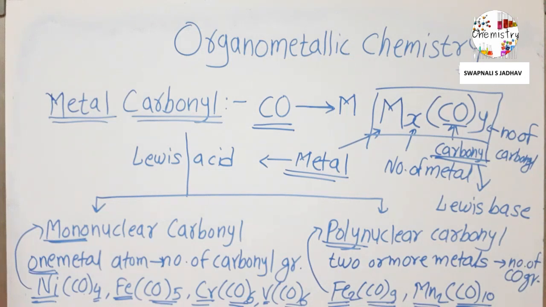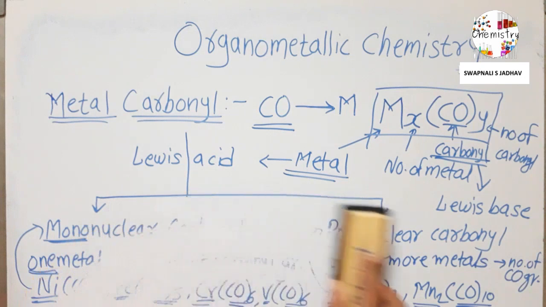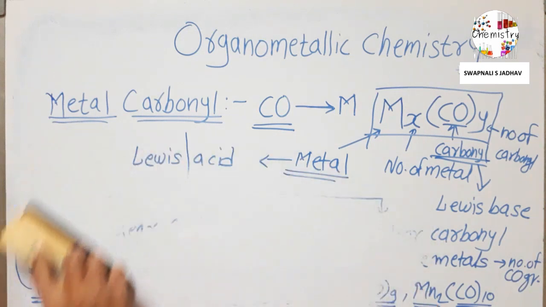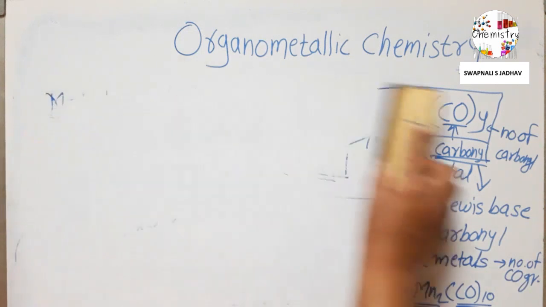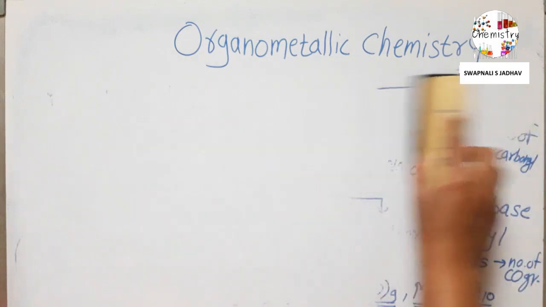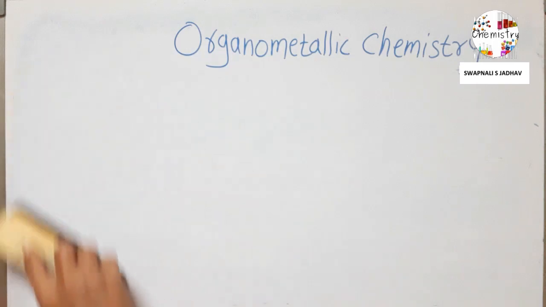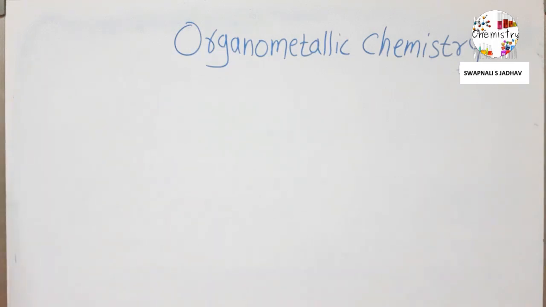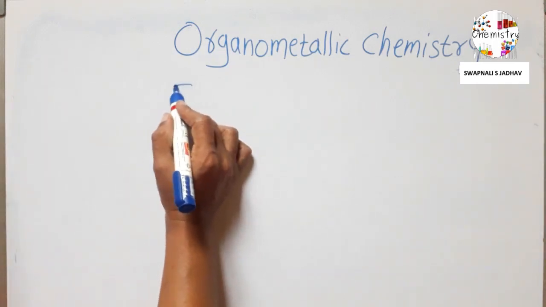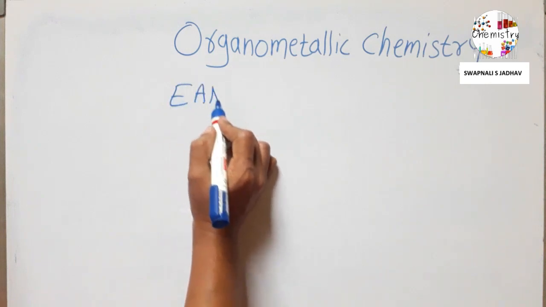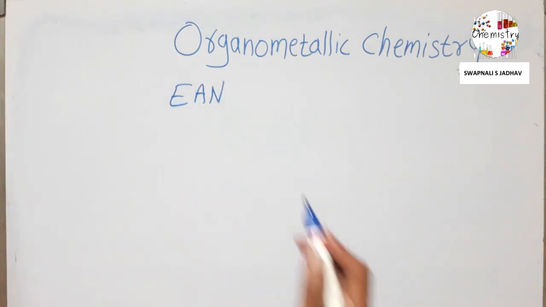Most of the mononuclear carbonyls obey the EAN rule. What is meant by EAN?